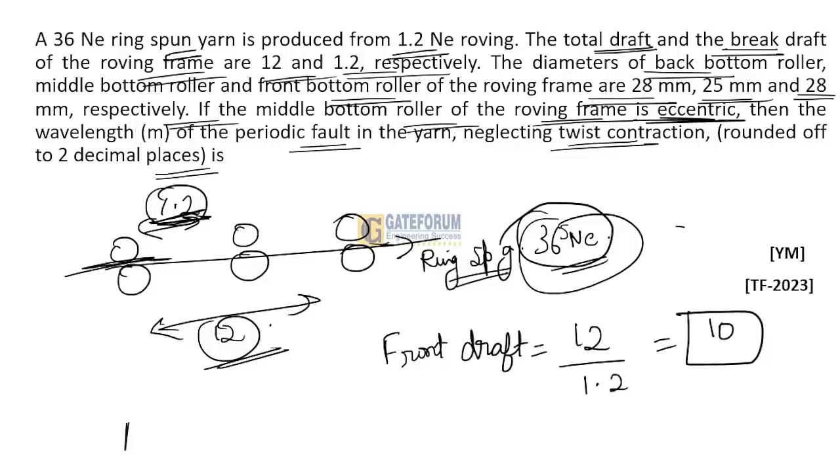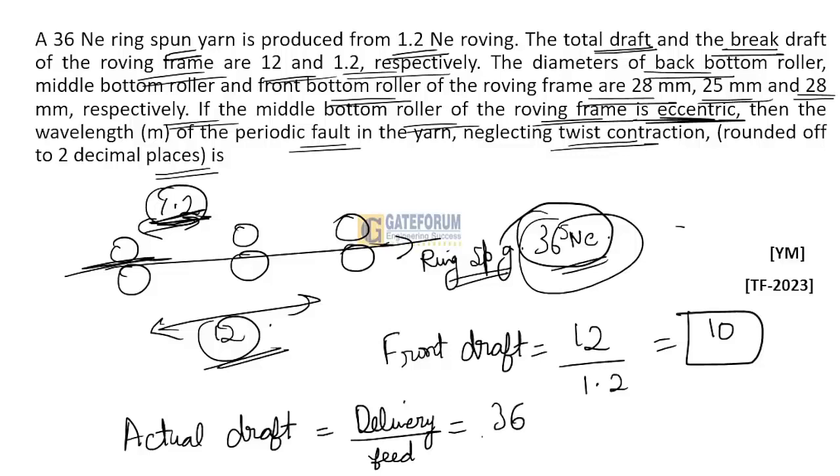And what is the actual draft? In case of indirect count, you know that it is delivery by feed, and in case of direct count, that is tex, it is feed by delivery. So in this case, it is delivery by feed, 36 upon 1.2, and it will come out to be 30.